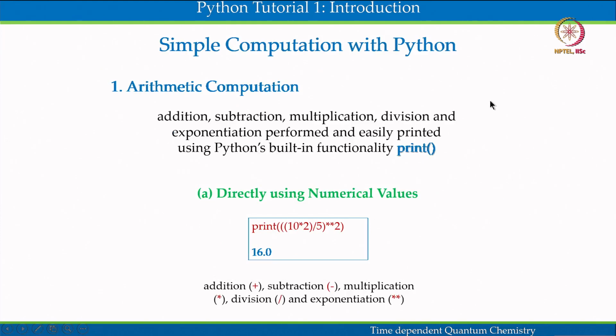We'll move to these slides right now, and we will first begin the computation with Python, demonstrating simple arithmetic computation. Arithmetic computation such as addition, subtraction, multiplication, division, and exponentiation can all be performed with Python's built-in print functionality.